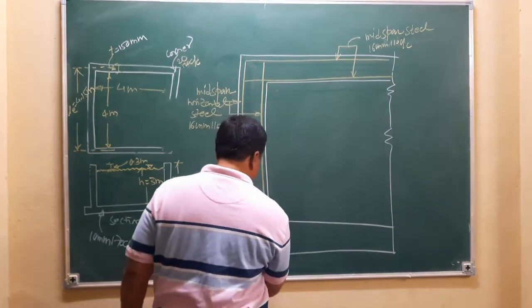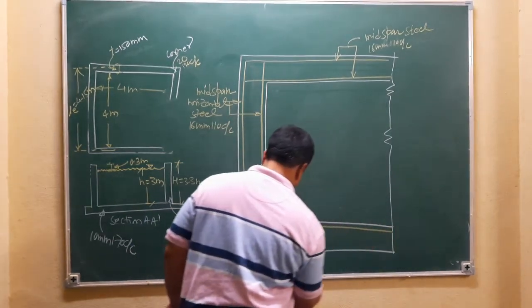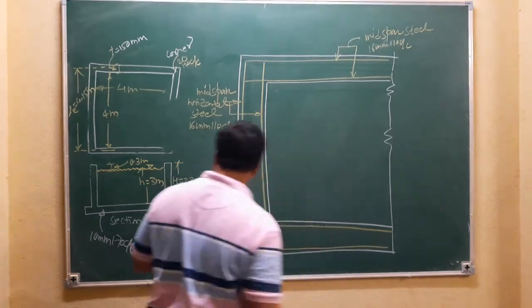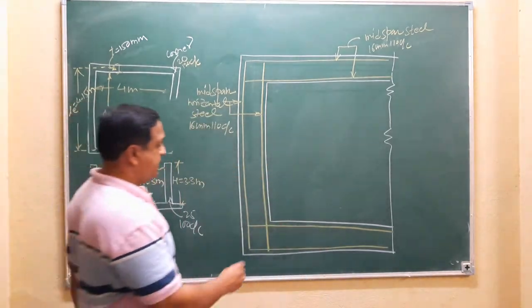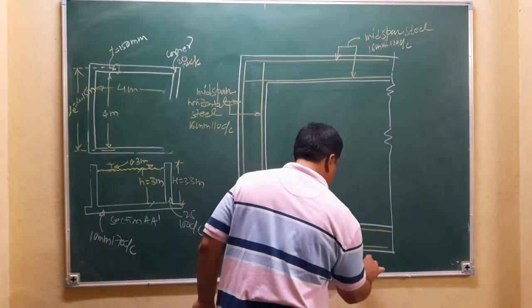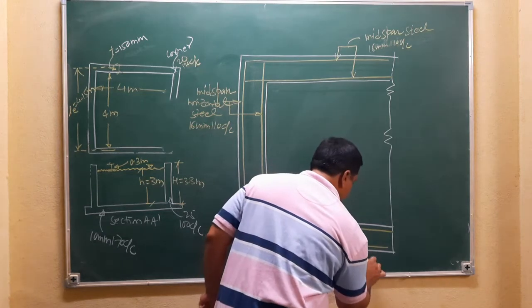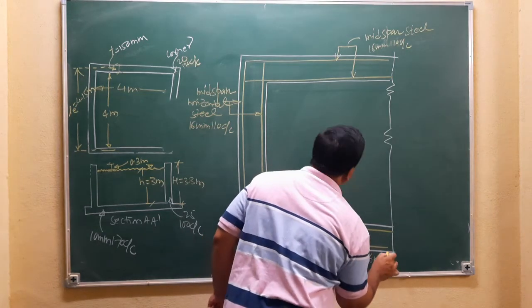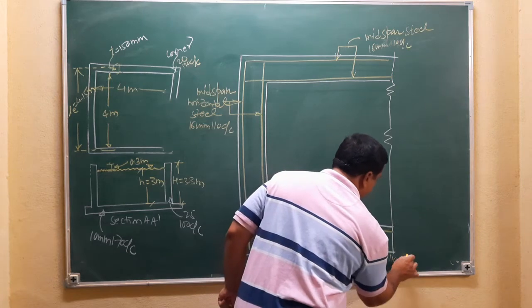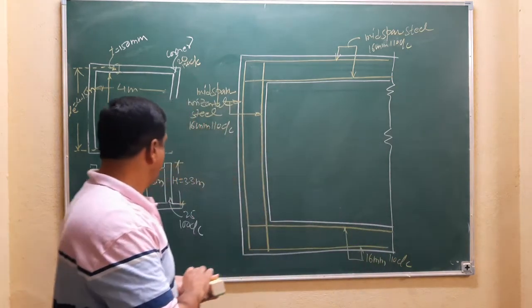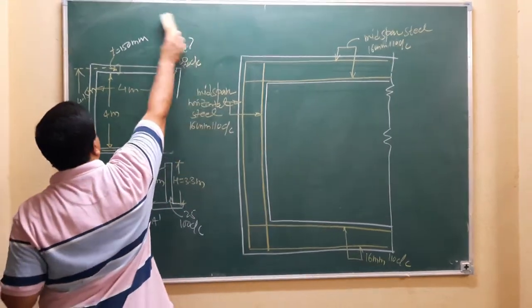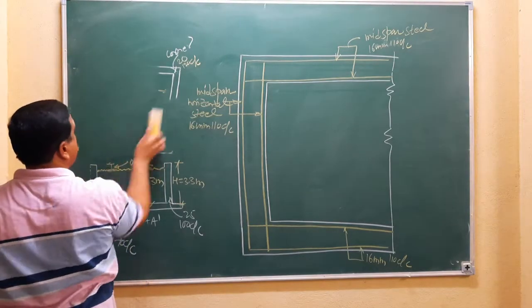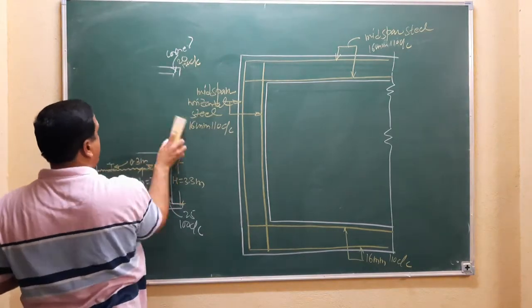So this is again mid span steel. Same for this wall, same steel. 16 mm diameter, 110 mm center to center. So this is related to the horizontal steel.